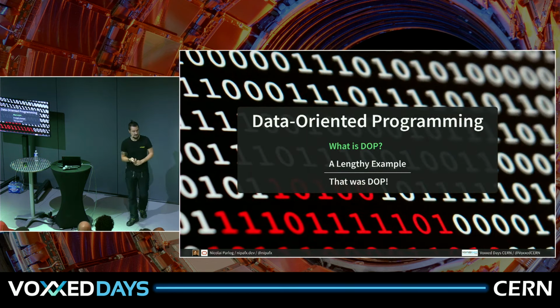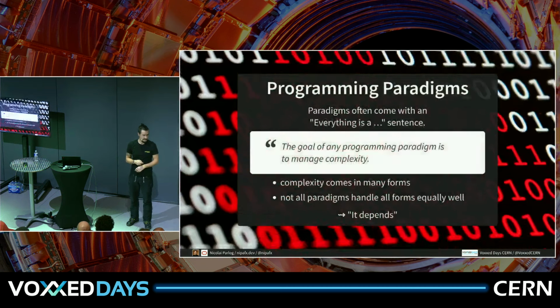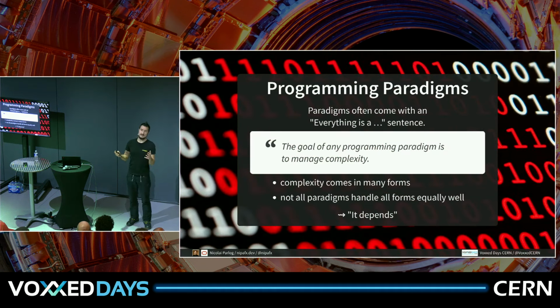Let's go with what's data-oriented programming. Many programming paradigms have an "everything is a" sentence, and the idea is to collapse a complex approach to everyday problems into a single and very well understandable sentence. Overall, the goal of a programming paradigm is to manage complexity.